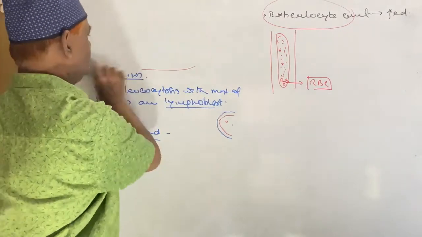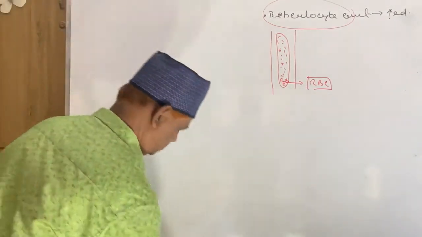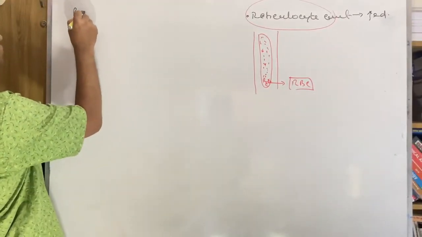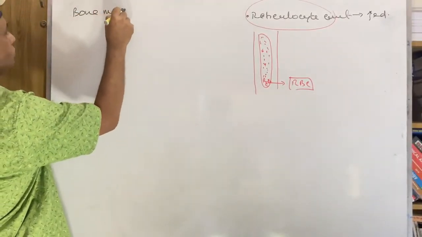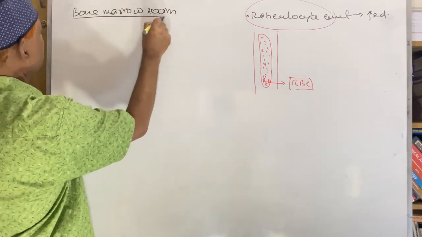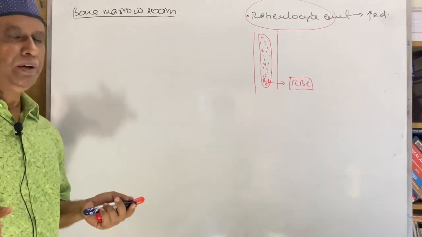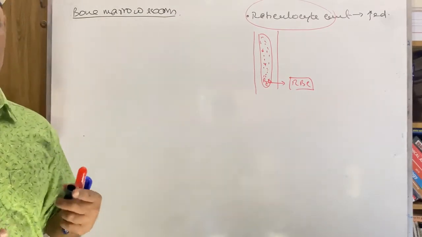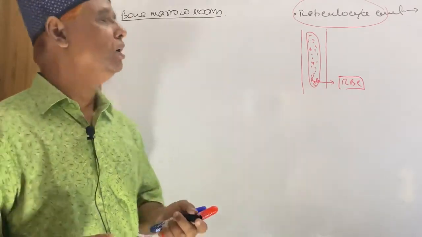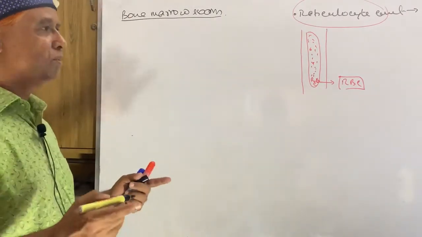Now come to bone marrow examination. Dear audience, in bone marrow we see the cellularity, myeloid erythroid ratio, erythropoiesis, granulopoiesis, megakaryocytes, etc. Now come to bone marrow of acute lymphoblastic leukemia.